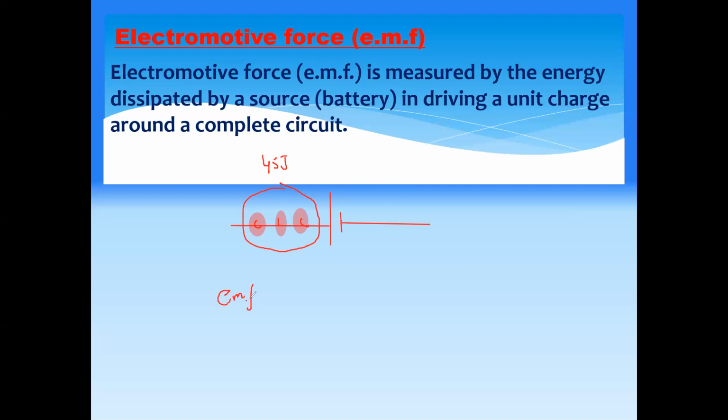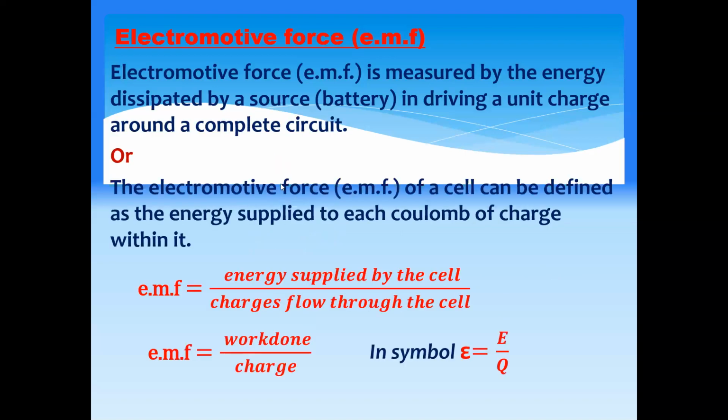So what is the electromotive force? That is the total energy, which is 45, divided by the total number of the charge, 3 coulombs. So 45 divided by 3 equals 15 joules per coulomb. And this joules per coulomb is also known as volts, denoted by capital V. So EMF, this is the Greek alphabet epsilon.